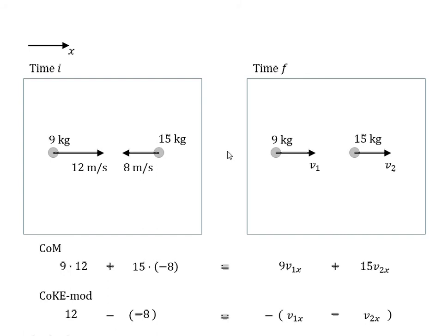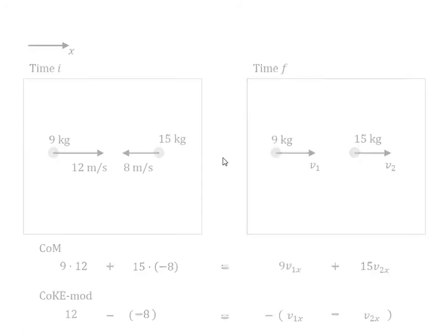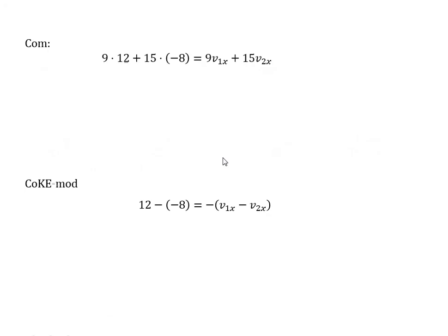I'm going to grab those equations, say goodbye to the pictures, I guess. Let's focus on the math. I've rewritten them here. Probably the best first thing to do is just simplify them a little bit. In the conservation of momentum, we can simplify the left-hand side. So we have negative 12 equals the 9v1x plus the 15v2x. If we're doing this by hand, we can make life a little bit simpler by dividing every term by 3, and then also flipping it around to put it in standard form.